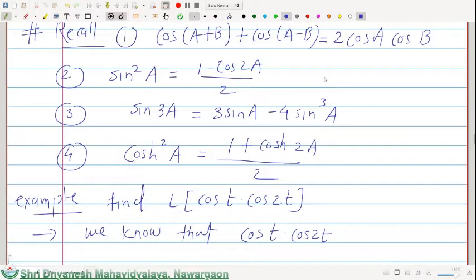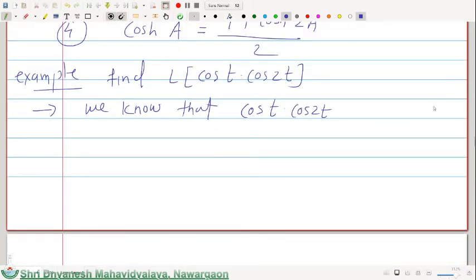See the above formula, 2 cos A cos B. So cos A into cos B equals (cos(A plus B) plus cos(A minus B)) upon 2. Use that here. This will be cos(A plus B), 2t plus t, 3t, plus 2t minus t equals t. So (cos 3t plus cos t) upon 2.